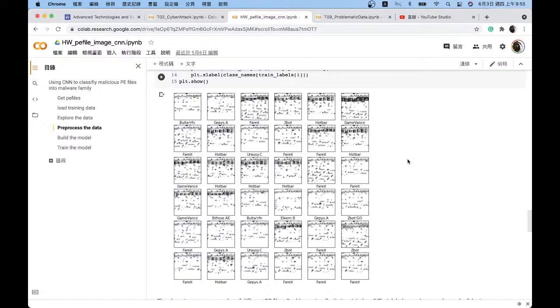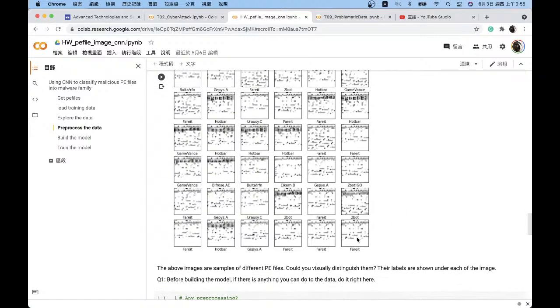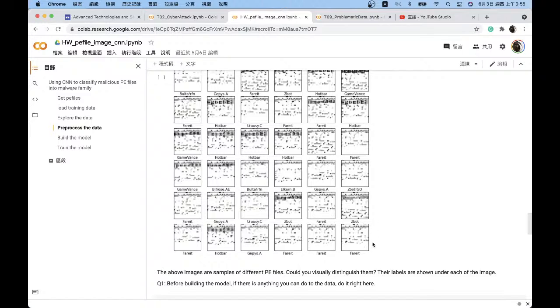So let's take a look at these patterns. It is incredible that, for example, we can look at the last three images right here. Originally they are simply bytes in the PE files, but if you draw a figure for them like this, you can say that it seems like the Ferret family.